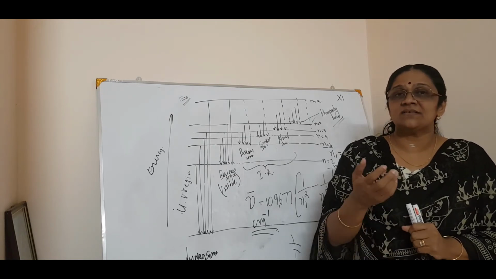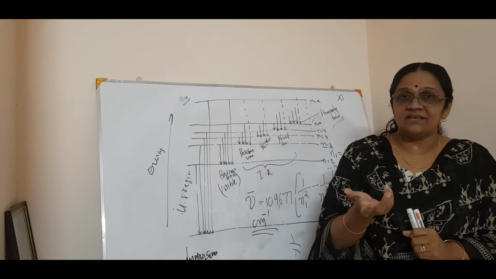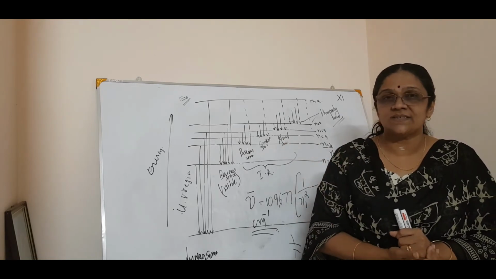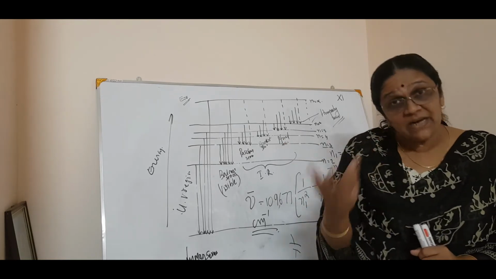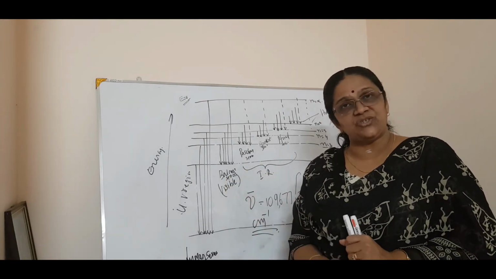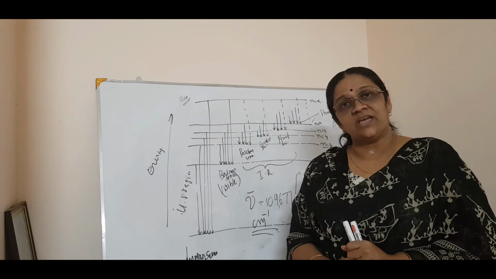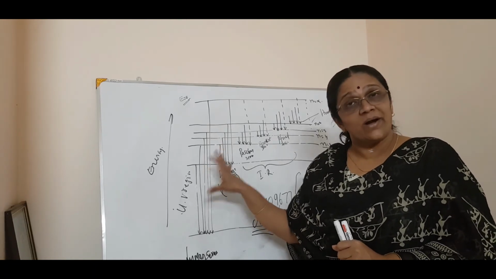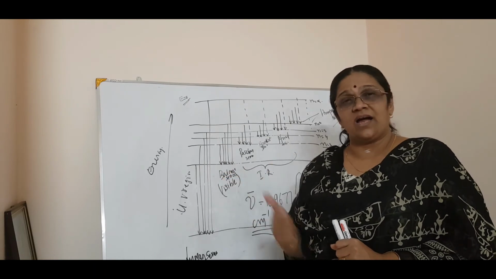So this spectrum is valid only for a one electron system. When multiple electrons come, this becomes quite complex in nature. So this is valid only for what? The one electron system, which is our hydrogen atom.